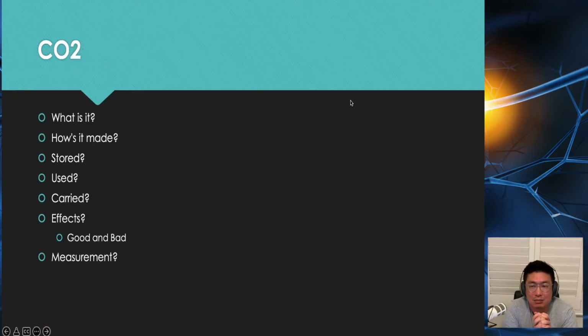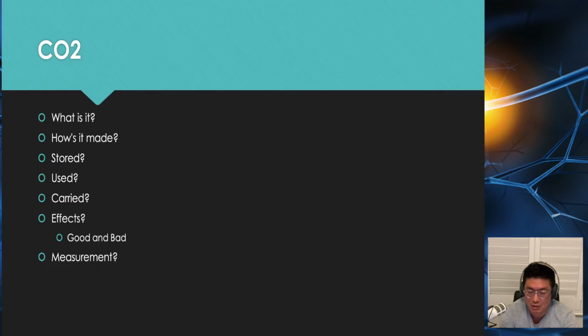Okay, carbon dioxide. All right, Pat, what is it? Carbon dioxide, it is CO2. So it's a carbon atom with 2 oxygen atoms joined. It is a gas.